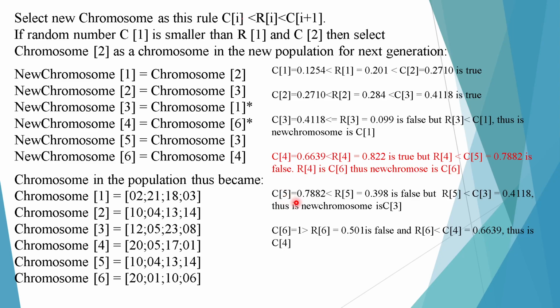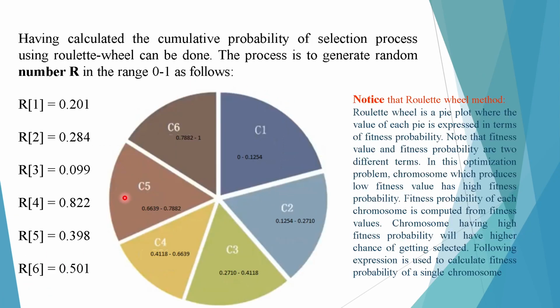We check C5, the value is 0.7882. Is it less than R5, which is 0.398? It is false, because 0.7882 is not less than 0.398. So this part is false. Then we check R5, which is 0.398.